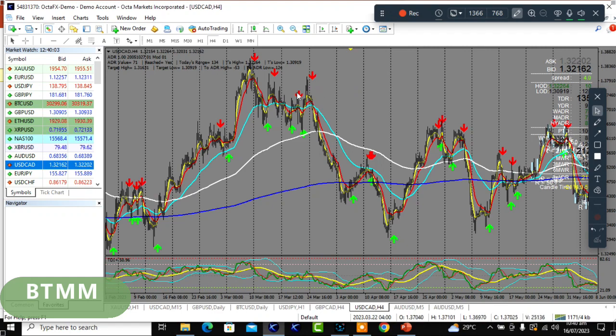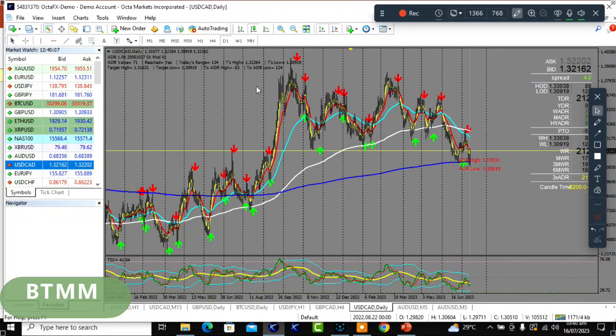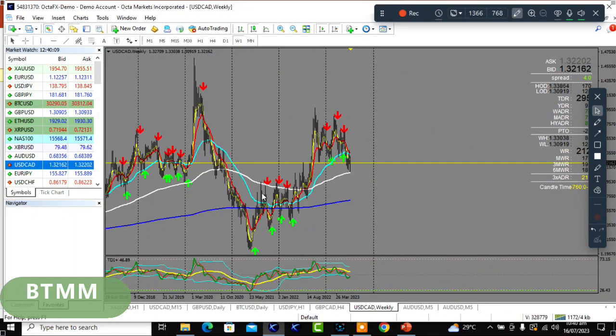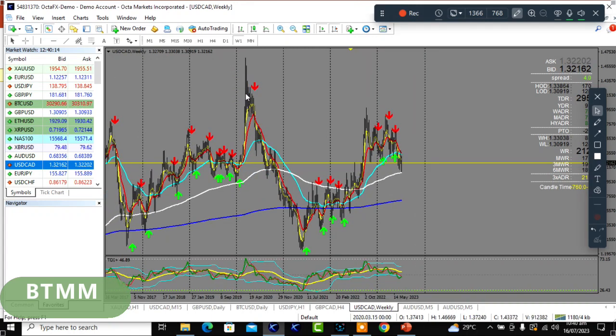Now you make your analysis using the daily time frame, or you use the weekly time frame. What you are looking at is a question of months or even years.